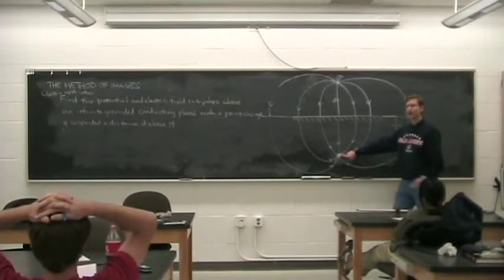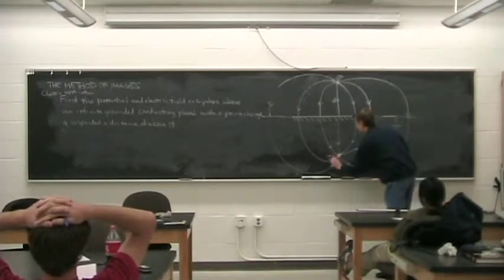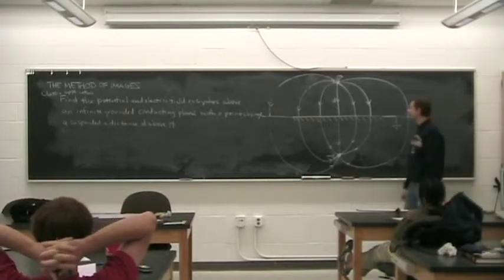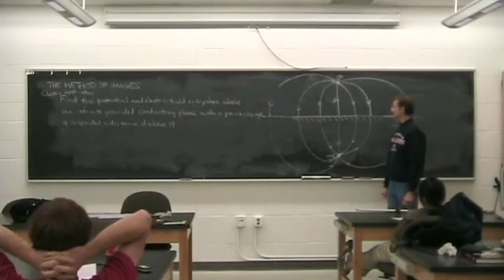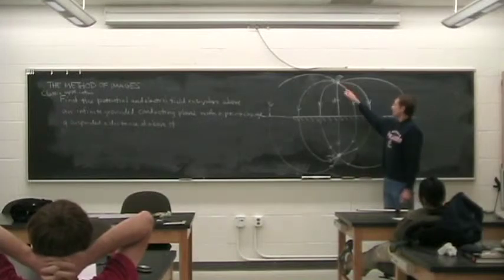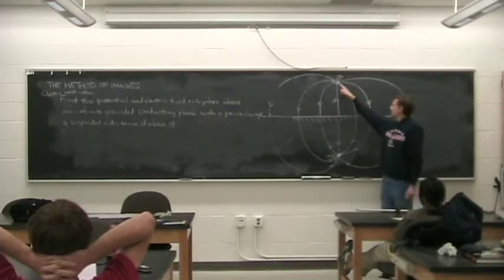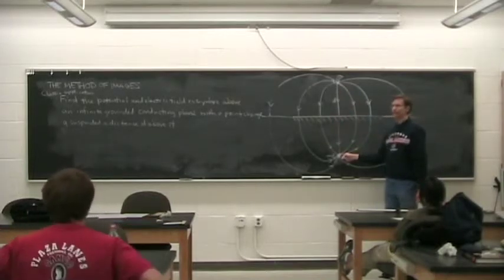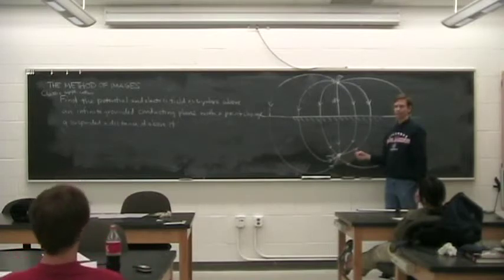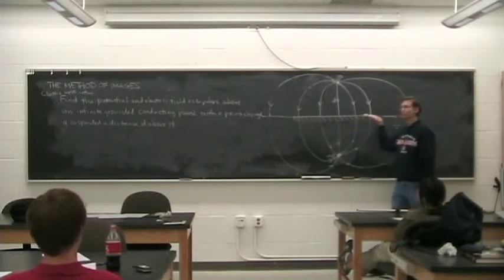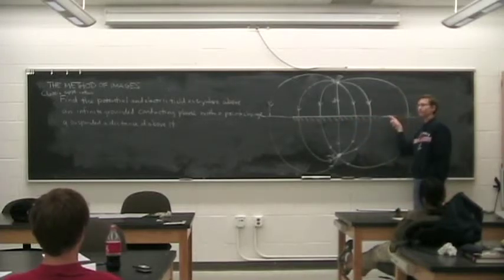A minus q charge. So what happens if I remove the plane, pretend the conducting plane is not there, and instead I consider a charge minus q down here? Then we'll have a situation where the field lines are all perpendicular to the plane, just like they need to be.